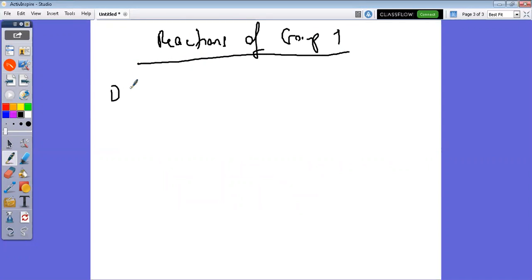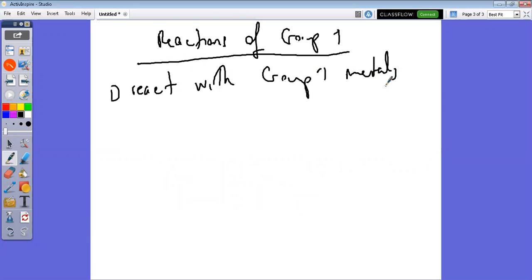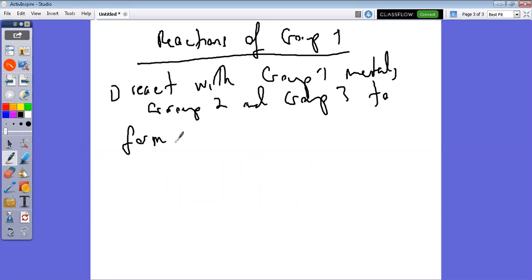Number 1, they react with group 1 metals, group 2 metals and group 3 to form salts, to form halide salts.